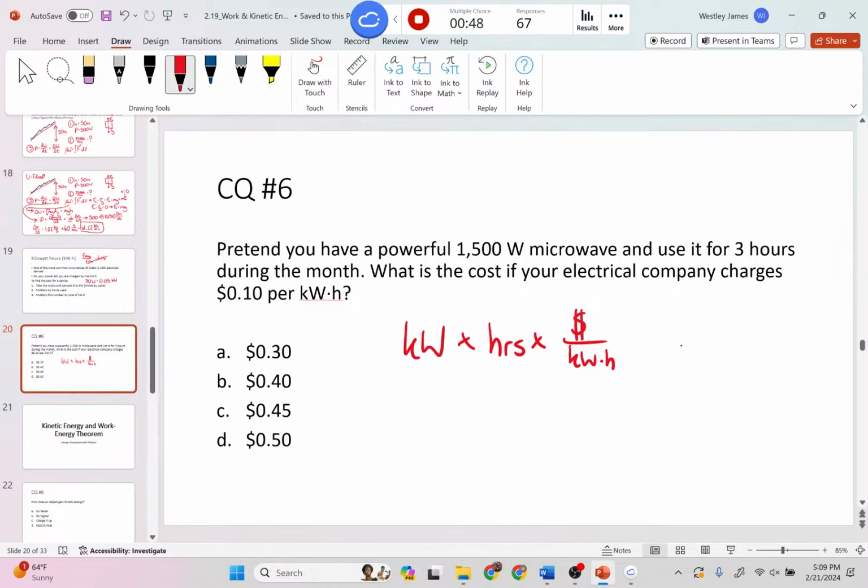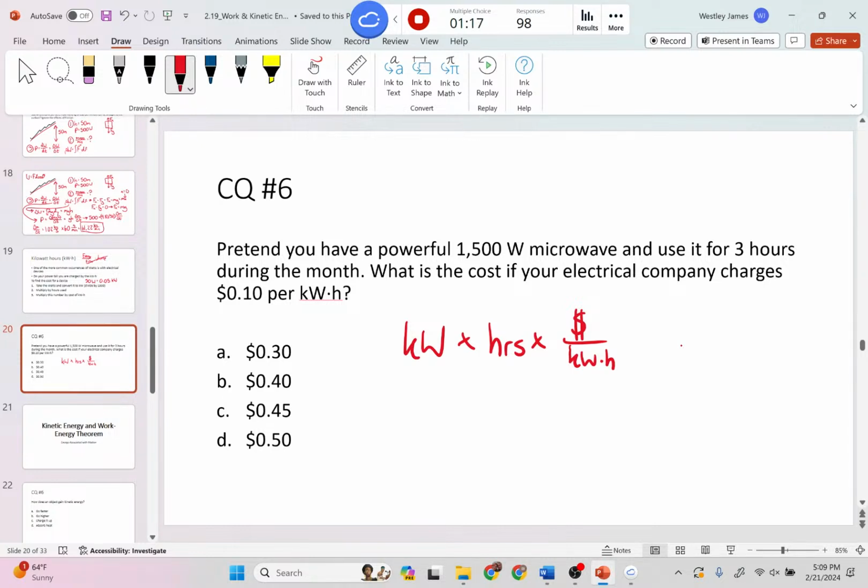This one you can kind of do in your head, but you can also use a calculator. And this is real numbers. If you have a 1,500 watt microwave, which is a possibility, it's a little high, and you use it for 3 hours, and your electric company charges 10 cents, this is literally what it costs you every month. Which is cool.